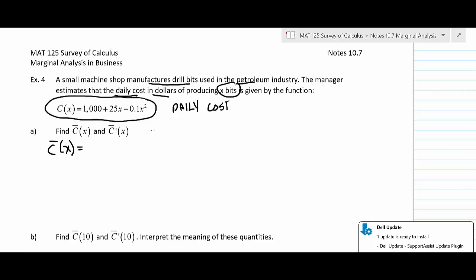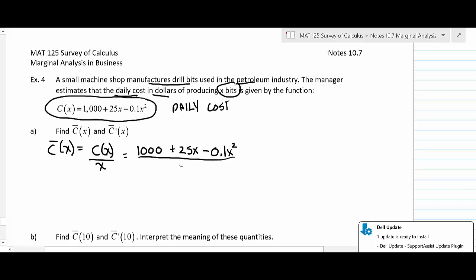So really all you do is you take the cost function that I give you and you divide it by X, okay? So you're just going to take 1,000 plus 25X minus 0.1X squared, and you're going to divide that by X, okay? Now you can leave it that way, but you don't want to leave it that way, because in the next problem, what are you going to do?